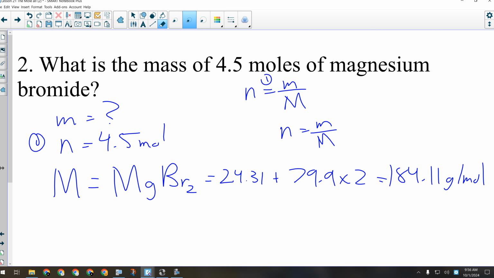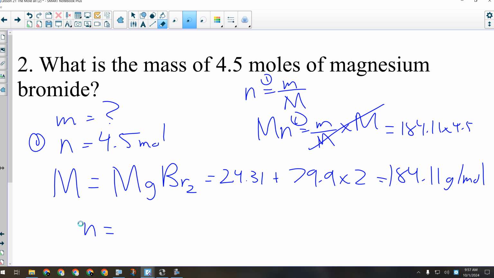And plugging in your numbers, that would be 184.11 times 4.5, big M times n. That would be your 3rd mark, and then your 4th mark would be for your final answer.